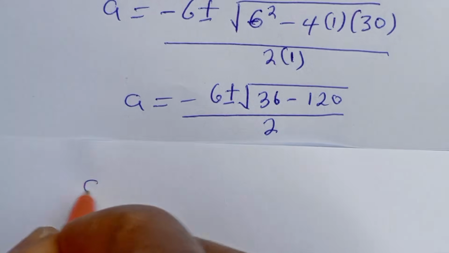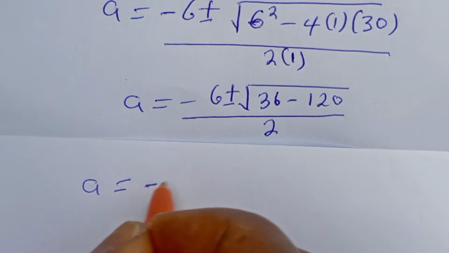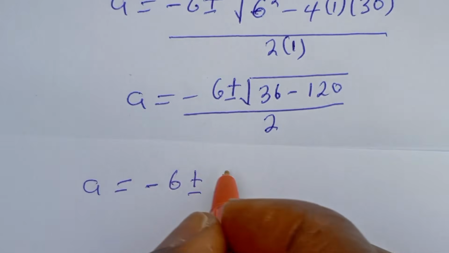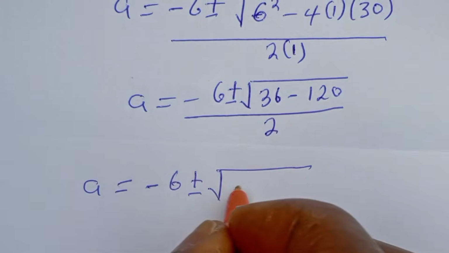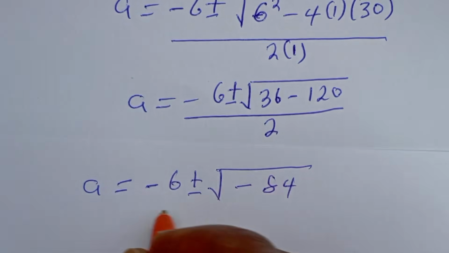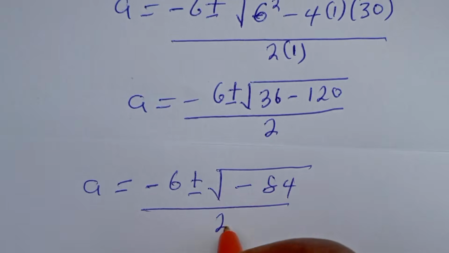Then a is equal to minus 6 plus or minus square root of 36 minus 120, that is minus 84, over 2.